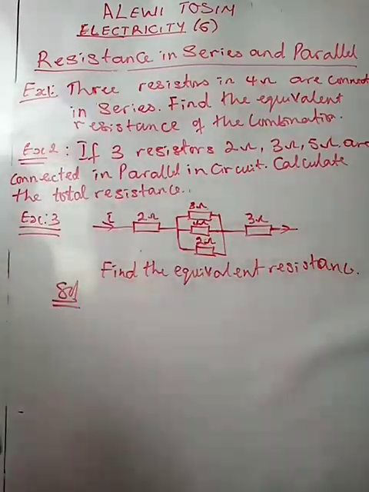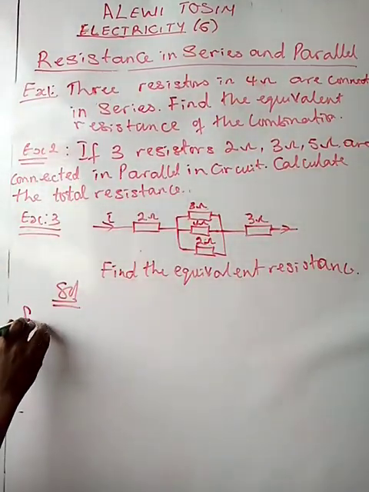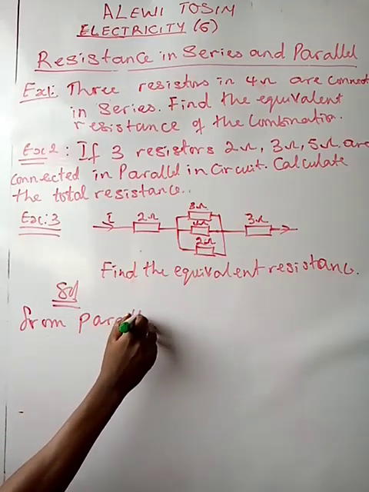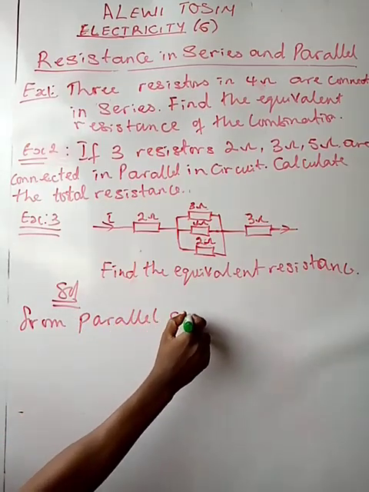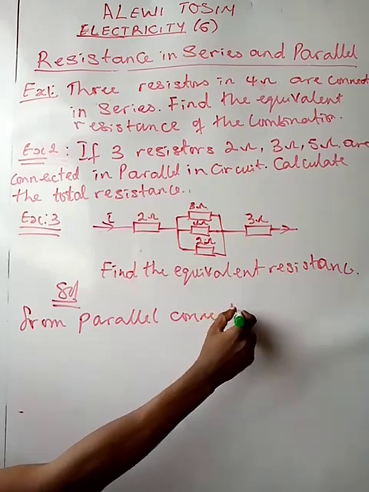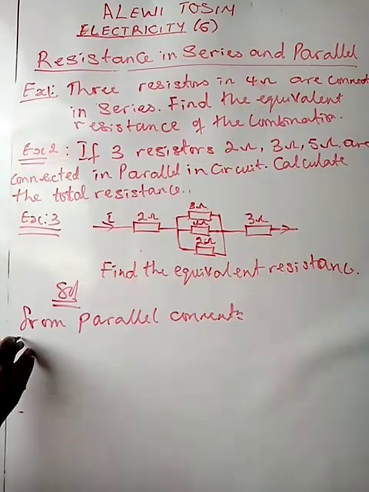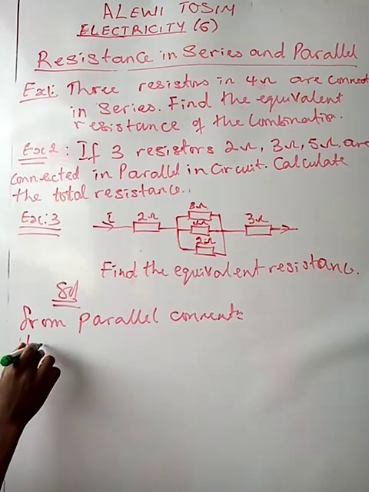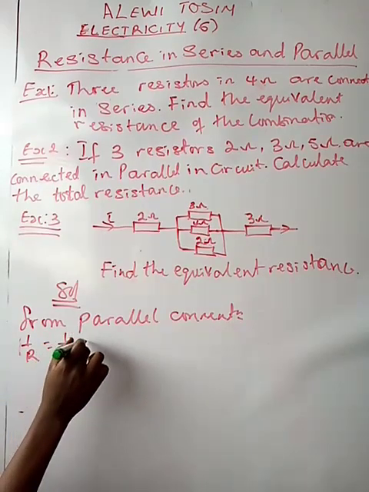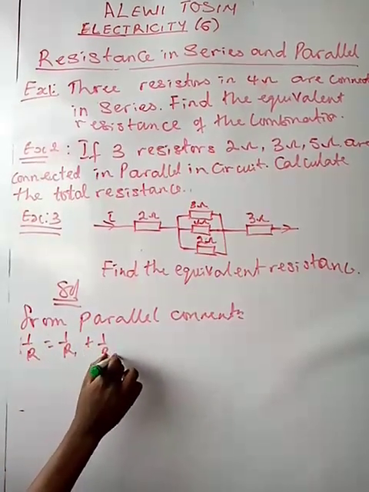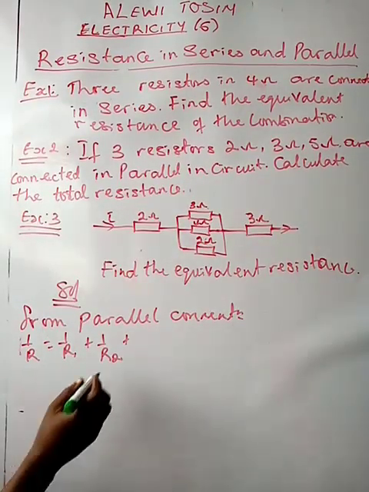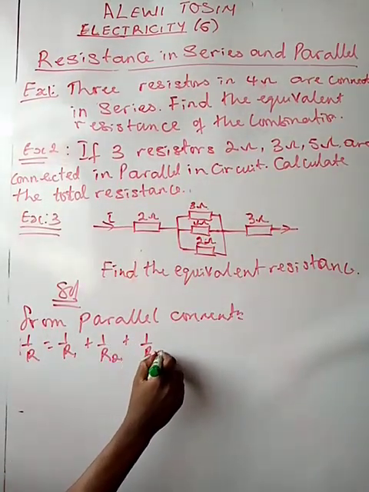Now, for the parallel connection, we say 1 over R is equal to 1 over R1 plus 1 over R2 plus 1 over R3.